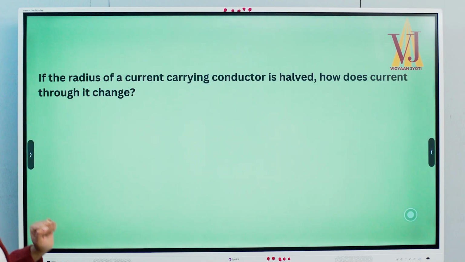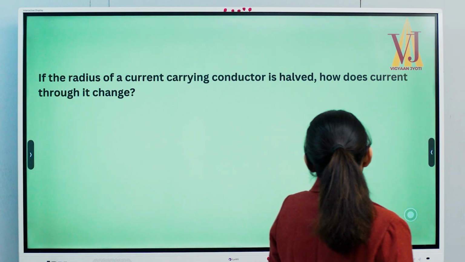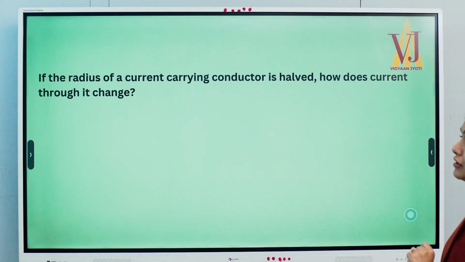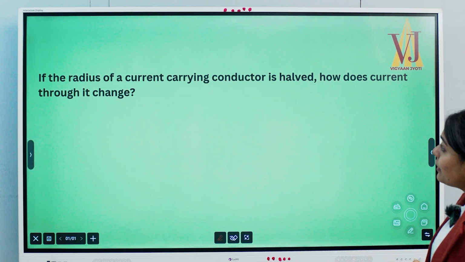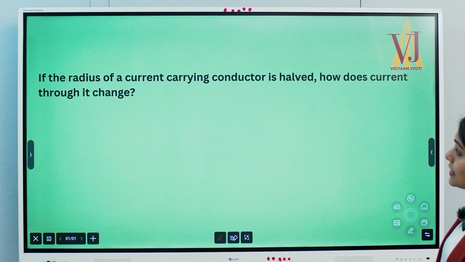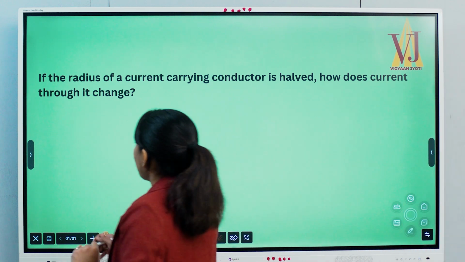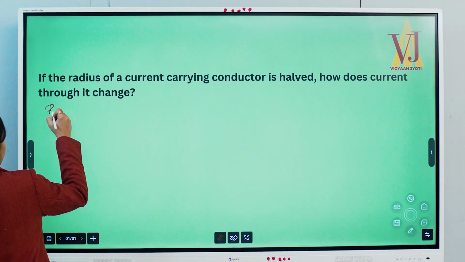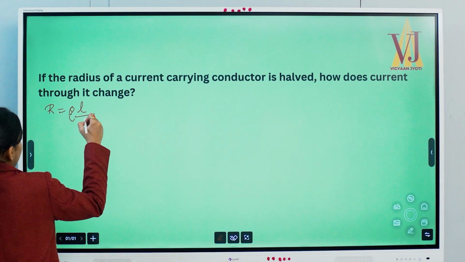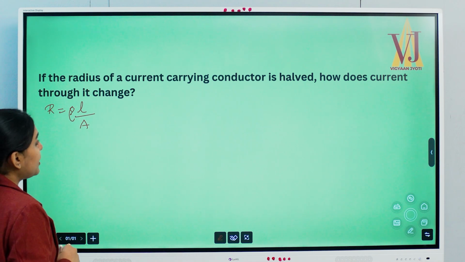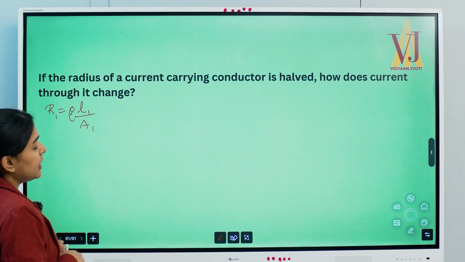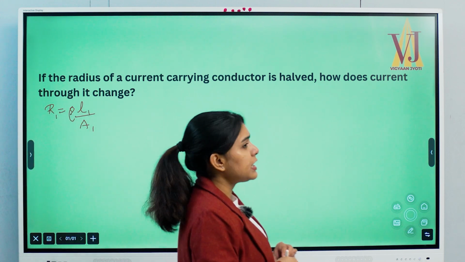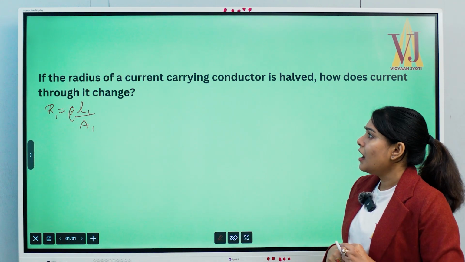Next question. If the radius of a current carrying conductor is halved, how does the current through it change? Okay, let's see. So first of all, R equals rho L by A, right? Now if the radius is changing, do you have any expression with current and resistance?